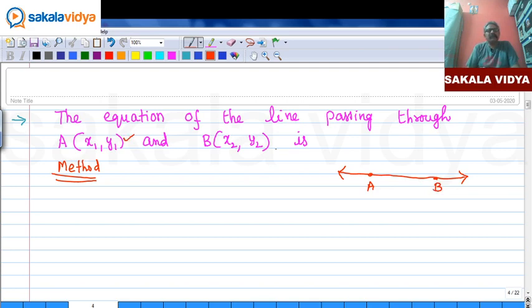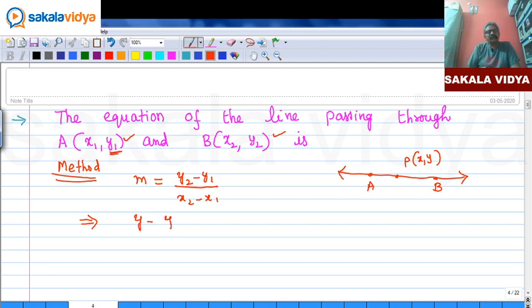Let us take P (x, y) any point on the line. First we can find out the slope of the line, m is equal to (y2 minus y1) by (x2 minus x1).